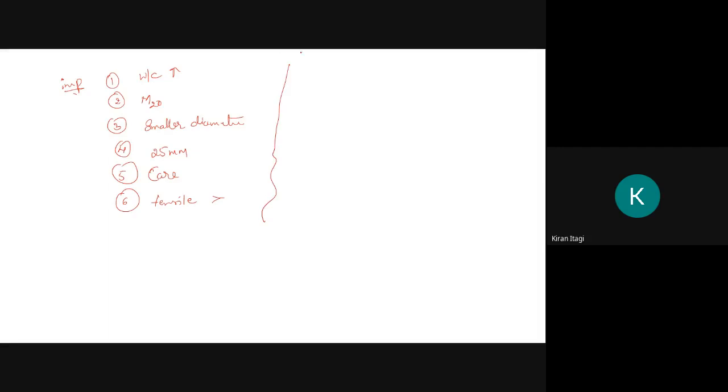And we have some codes of practice for the design of water tanks. The first one is IS 3370 2009 part 1, which is generally used for general requirements.